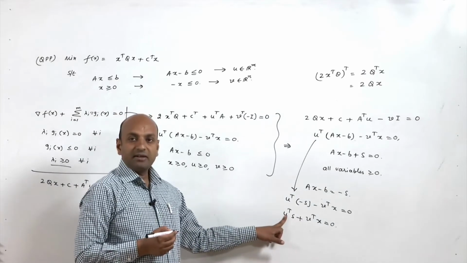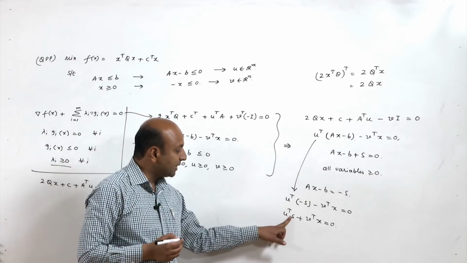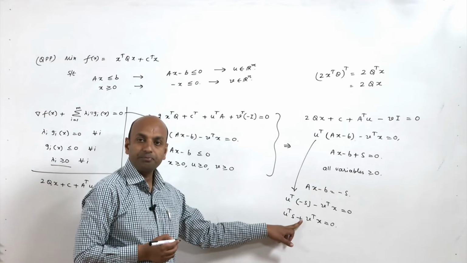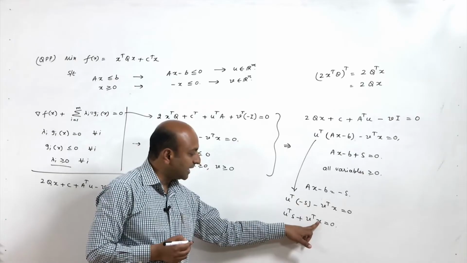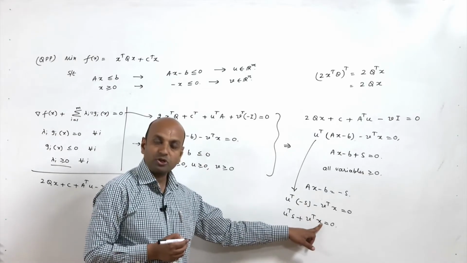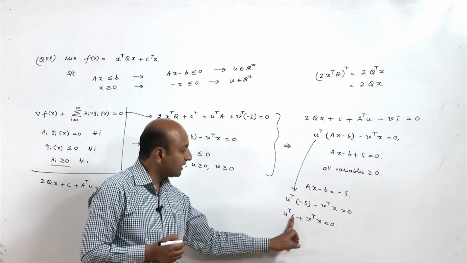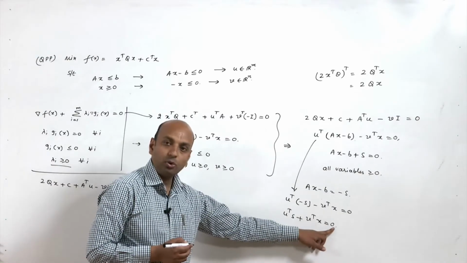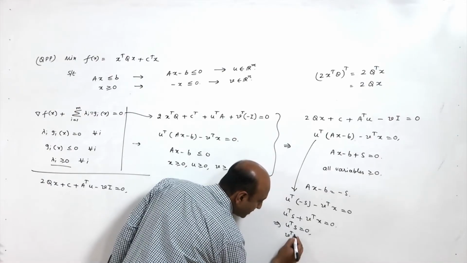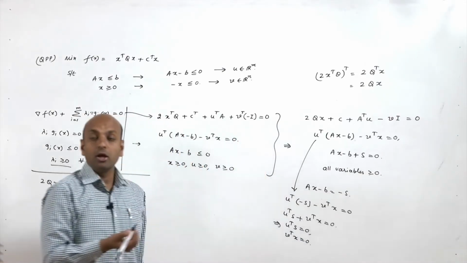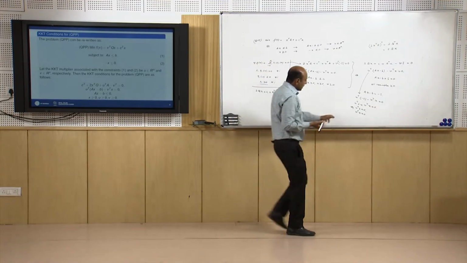Now u is non-negative, s is non-negative, so their sum u1 s1 plus u2 s2 up to um sm will be non-negative. And v is non-negative and x is also non-negative, so their sum v1 x1 plus v2 x2 and so on up to vn xn will also be non-negative. And the sum of two non-negative values is equal to 0. This implies u transpose s is 0 and v transpose x is 0. It is possible only when both are 0, because both are non-negative. Now u transpose s is 0.